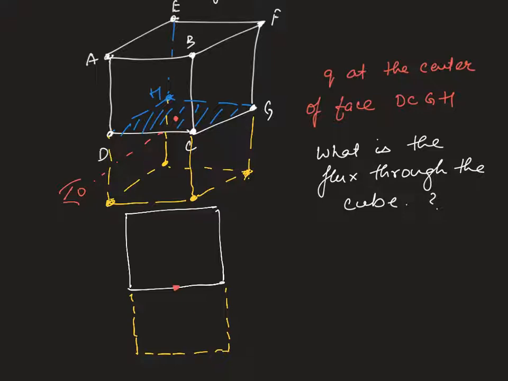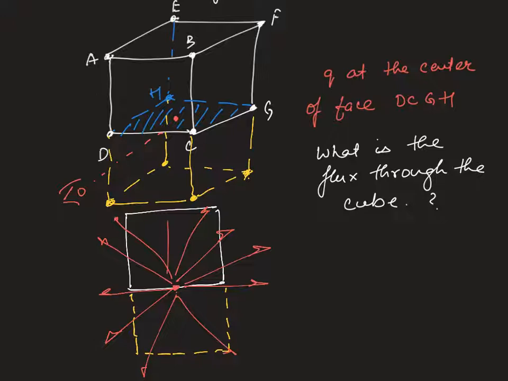So what we are going to experience is this, that whatever flux the charge emits either passes through the lower cube or it passes through the upper cube. There is no denying there.